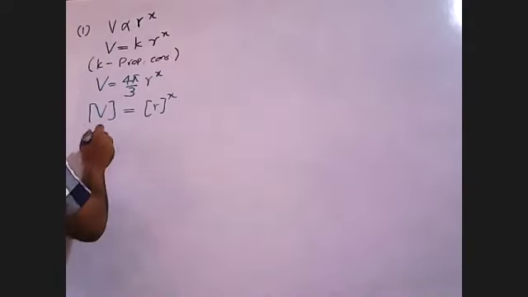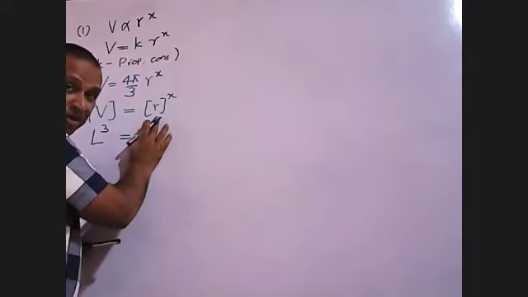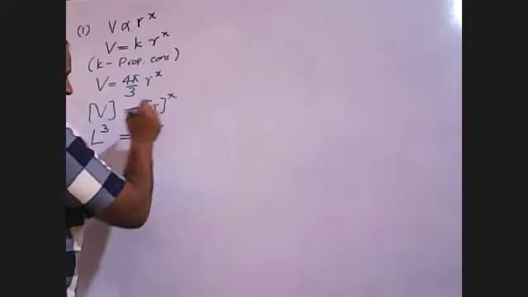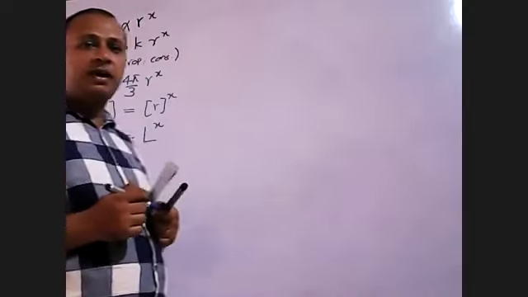Now you can apply dimensions. The dimension of volume is L to the power 3. The dimension of radius is a length, therefore it is L to the power x. Now you can equate the powers of the same base.